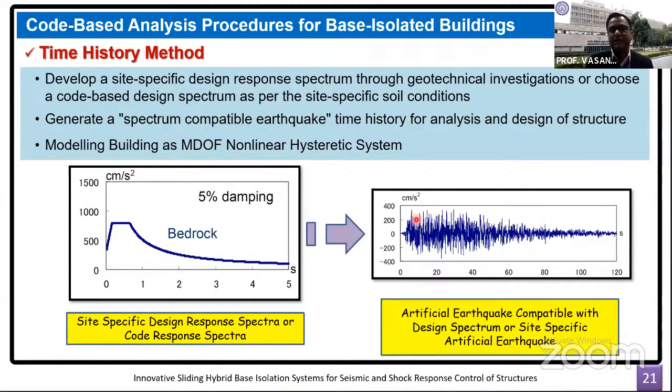However, we need to have some time histories. So typically, we use spectrum compatible earthquake time histories. They are compatible with a particular spectrum, maybe specified in a particular national code for a given soil condition and some site specific conditions.